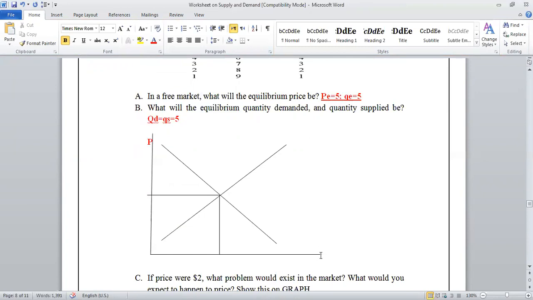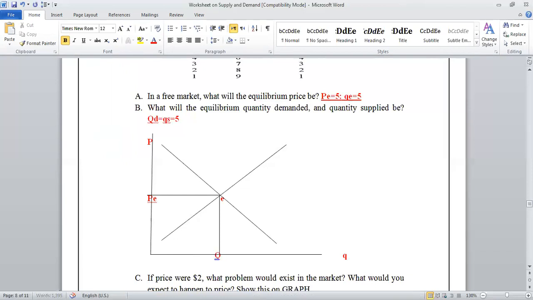This is quantity. We all know that. Okay, this is equilibrium. This is equilibrium price. And this is equilibrium quantity.